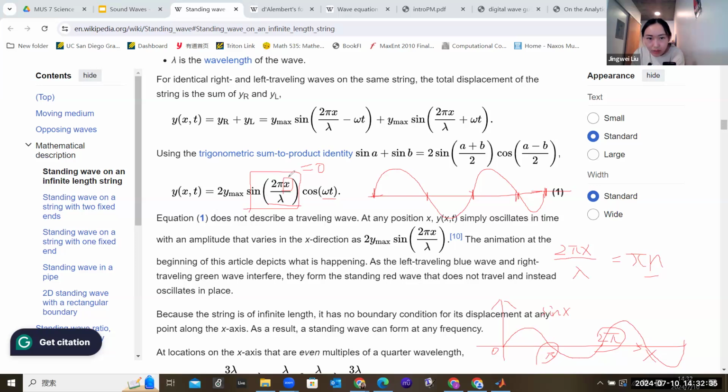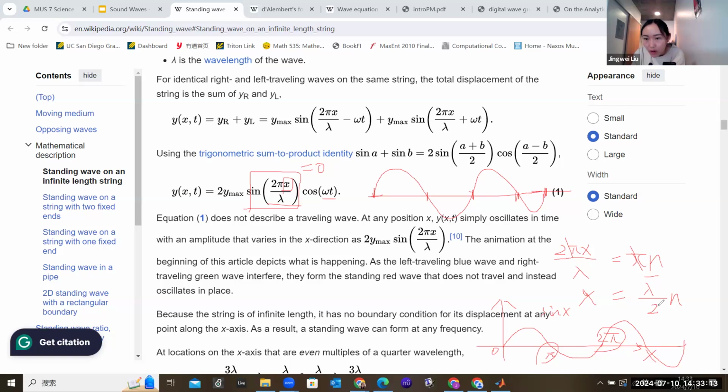So if you want the term sine of 2 pi x over lambda to equal 0, and to compute x, we set 2 pi x over lambda equal to pi n, so x equals lambda n over 2, right? And n is any integer, therefore x can be 1/2 of lambda.